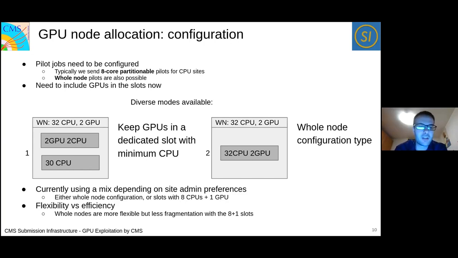While the 8-core 1 GPU is a little bit more rigid, the trade is in the efficiency, meaning that it is less likely that the slot will become fragmented.